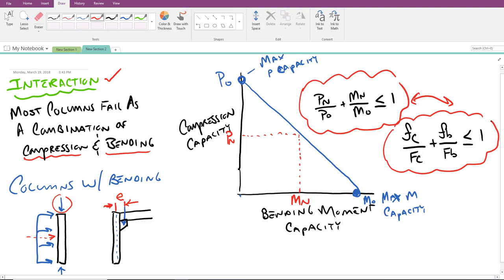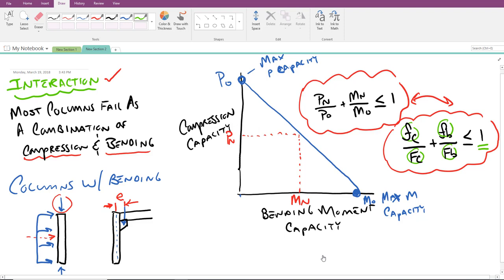So just to go through those one more time, we've got actual compressive stress, allowable compressive stress, actual bending stress, allowable bending stress. And as long as those two ratios added together remain less than a value of 100% or 1.0, then this particular column should be okay.